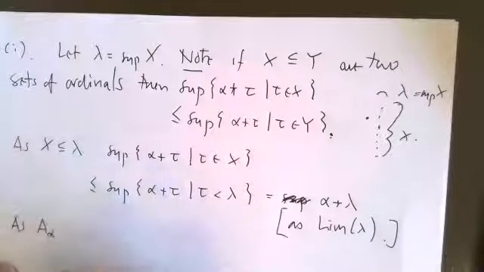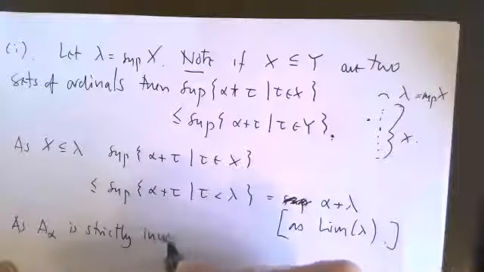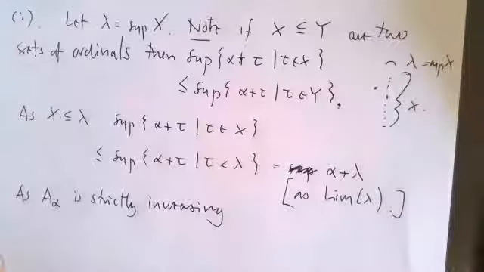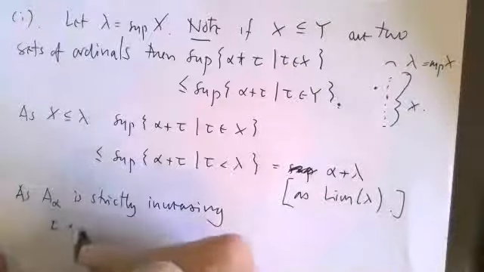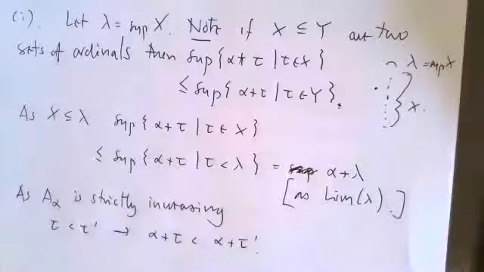So now I'm going to say, as the add-alpha function is strictly increasing, if I've got tau less than tau prime, then alpha plus tau is less than alpha plus tau prime. What do I want to say next?